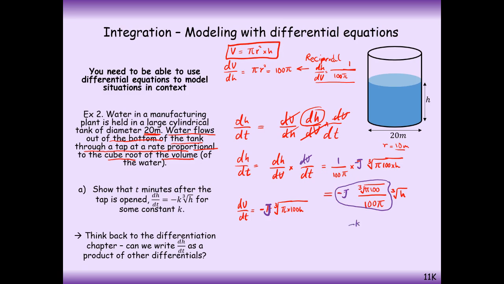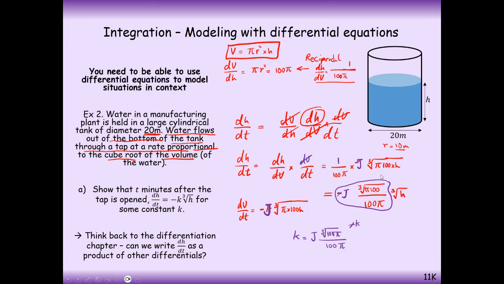So we can drop the negative signs and say k is simply j multiplied by the cube root of 100 pi over 100 pi.